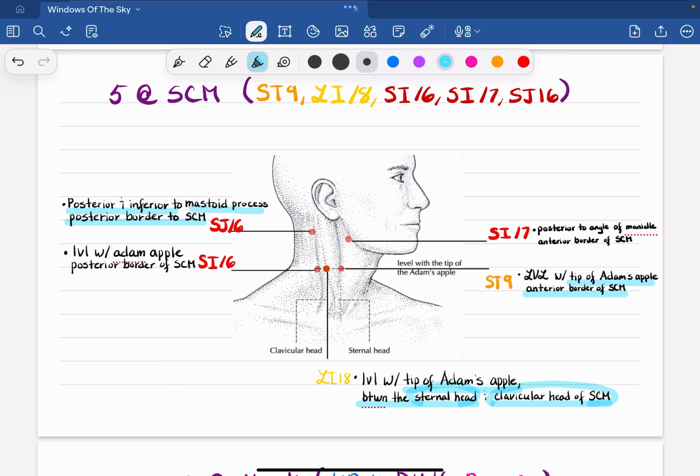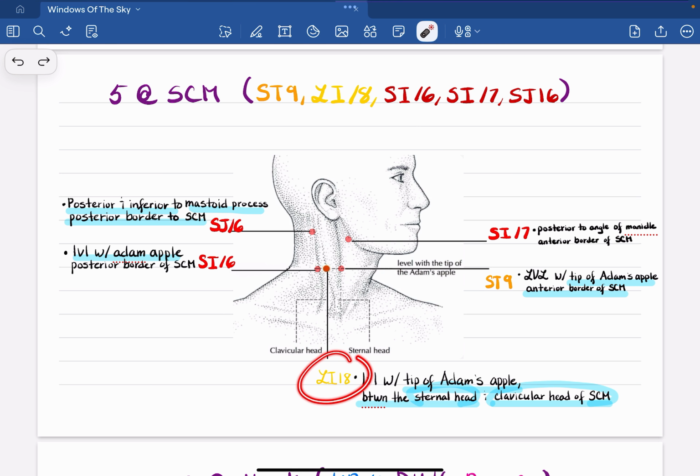So even with SI16, it's level with the Adam's apple. These are the 3. See? SI16, then we have LI18 and stomach 9. So you can remember it that way. Stomach 9 is in the front, in between the clavicular head and the sternal head. That's LI18.